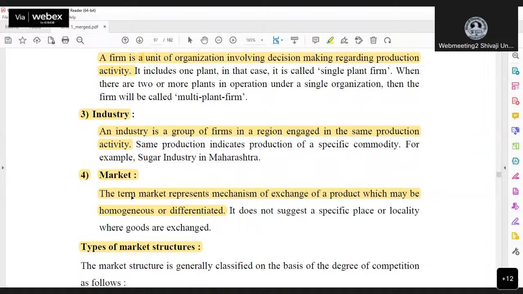Products are generated and exchanged at a place between sellers and buyers. Here the seller is the industry, and the buyer is the customer. The location that creates such a transaction between both is called a market.